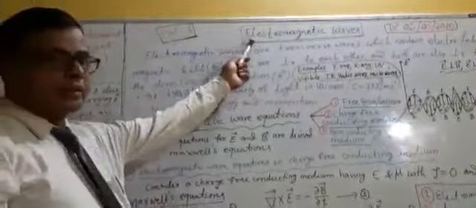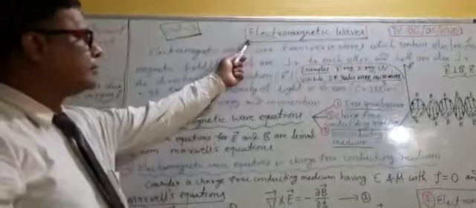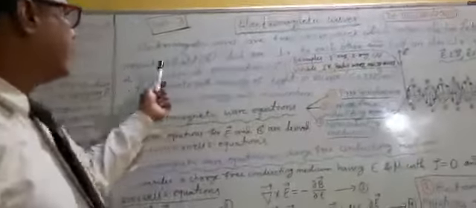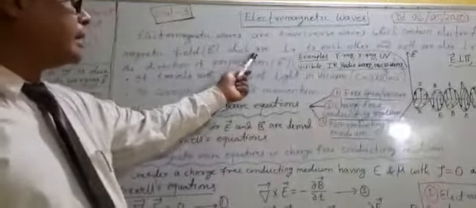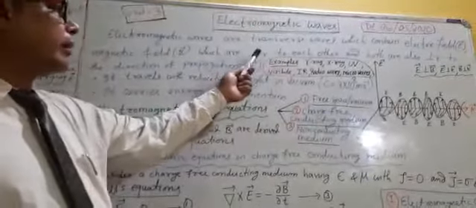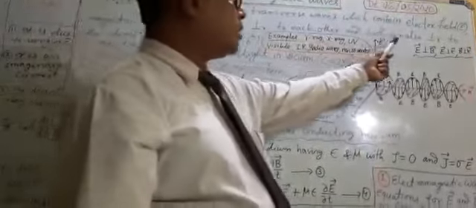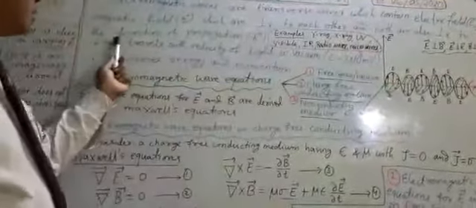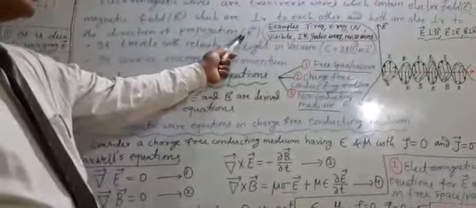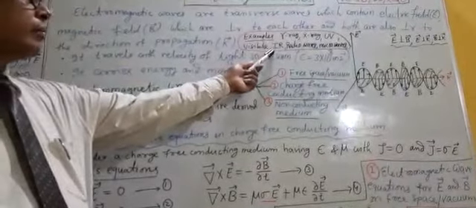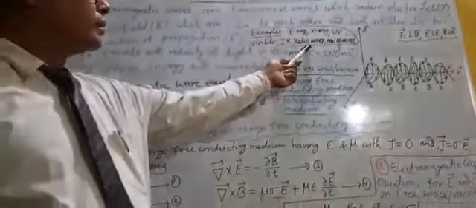Next, we discuss about the electromagnetic waves. So electromagnetic waves are transverse waves which contain electric field and magnetic field, which are perpendicular to each other, and both are also perpendicular to the direction of propagation k. Okay? Examples: gamma ray, X-ray, UV, visible, IR means infrared, radio waves, microwaves.